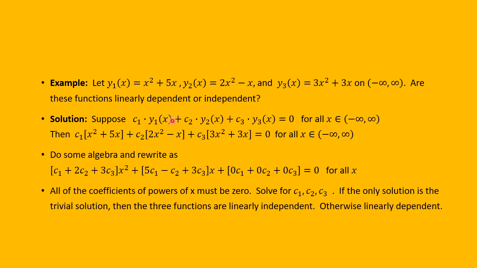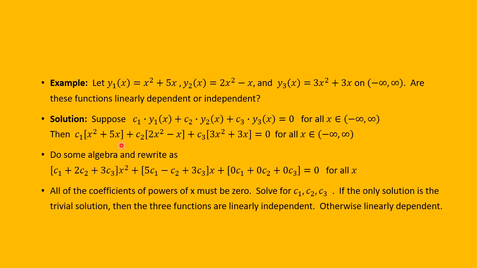Well, let's substitute in what y1, y2, and y3 are. So here's the substitution. So this equals 0 for all x. And now let's collect terms. We have a c1x squared here, plus 2c2x squared here, plus 3c3x squared here. We can write that part as c1 plus 2c2 plus 3c3 times x squared.